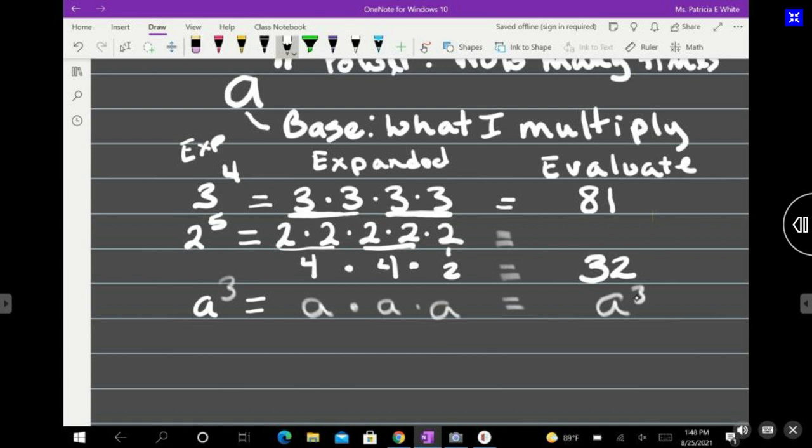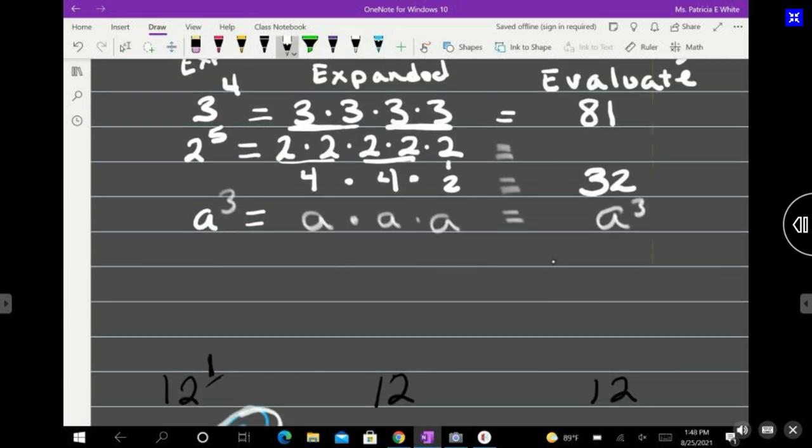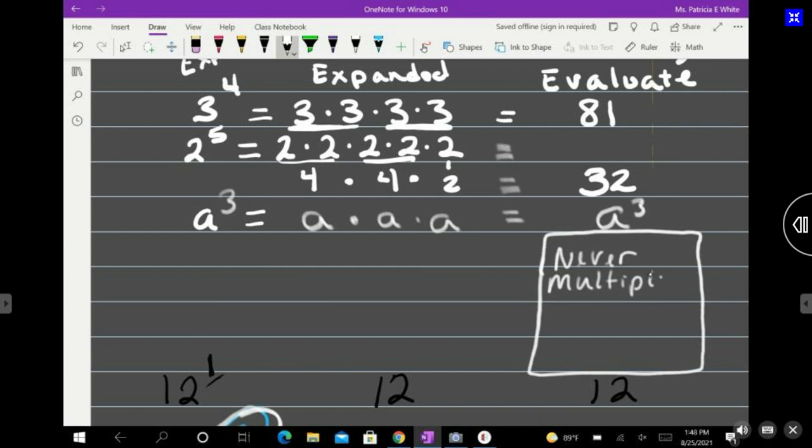Alright, let's do this before we go on to the next problem. I want you to give yourself a warning, because the one thing that costs so many points on every test, never multiply your base times your exponent.